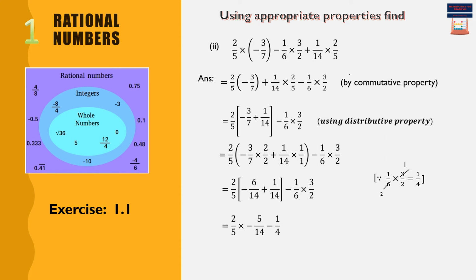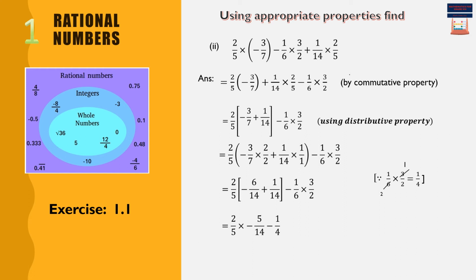So we have here 2/5 × (-5/14). We get -5/14 by simplifying -6/14 + 1/14. Plus minus is minus, 6 minus 1 is 5, and the minus sign comes from the greater digit, that is 6.